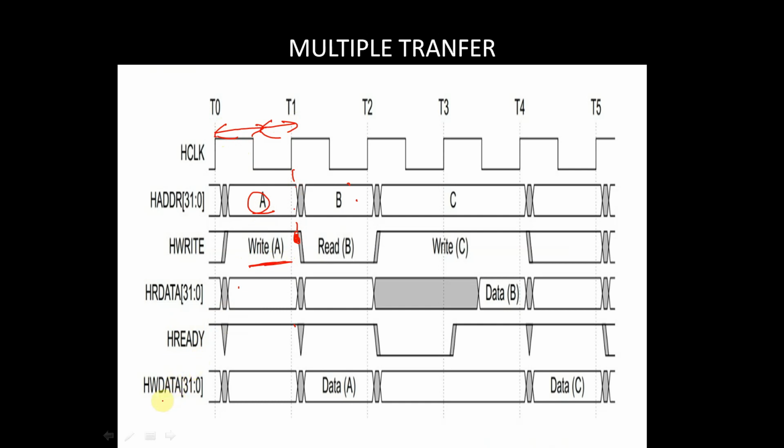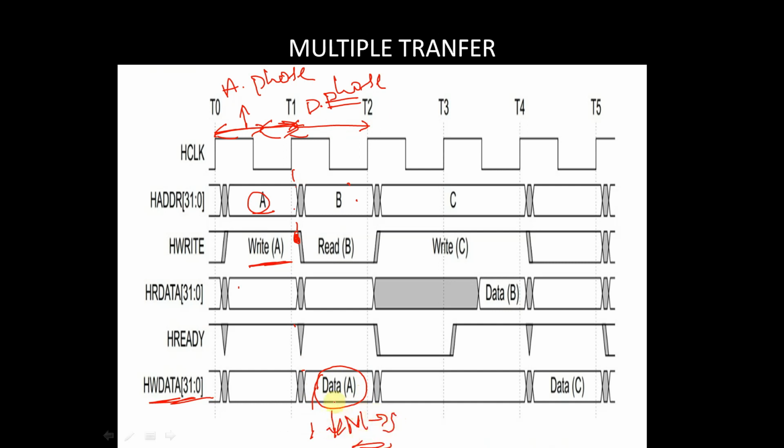Sorry, T0 to T1 is the address phase, and from here to here it is the data phase. So in the data phase we can see the data is being transferred from master to slave.